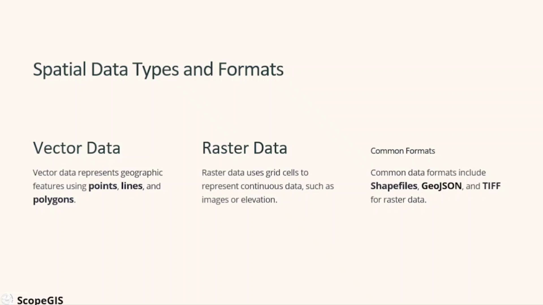It uses grid cells to represent continuous data such as elevation and temperature. Some of the common file formats are shapefiles and GeoJSON for vector data and TIFF for raster data.